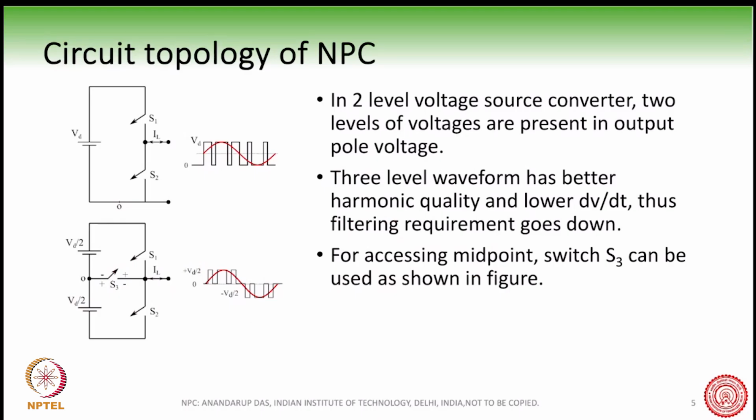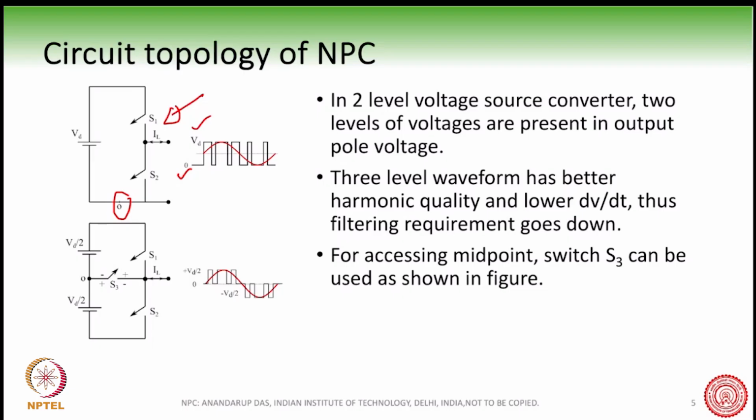This here is the circuit. How do we get the circuit topology of the NPC? We can start with the two-level voltage source converter, which is shown here, having two switches, S1 and S2. The output voltage, if I take this as the reference, is 0 and Vd.